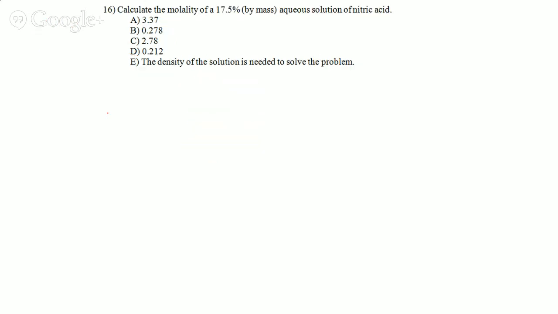16. Calculate the molality of a 17.5% by mass aqueous solution of nitric acid. All right, so what do they want? Their molality. So they want moles of solute over kilograms of solvent. Let's think about this. If I start with percentage, I can get grams.